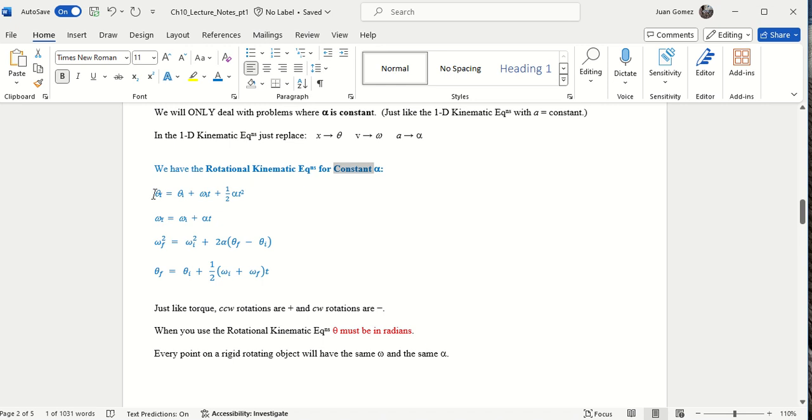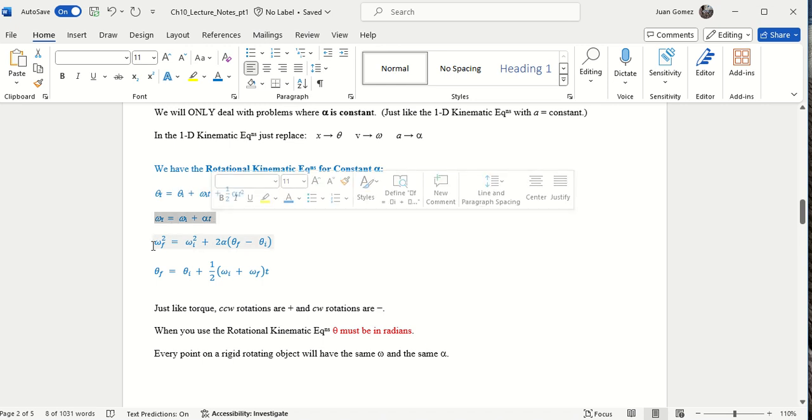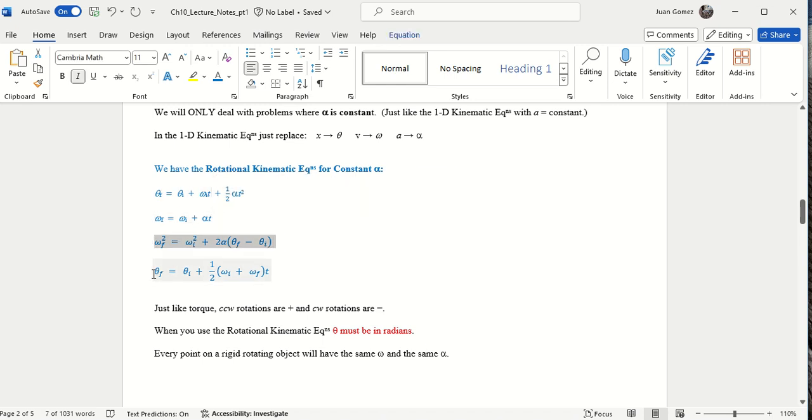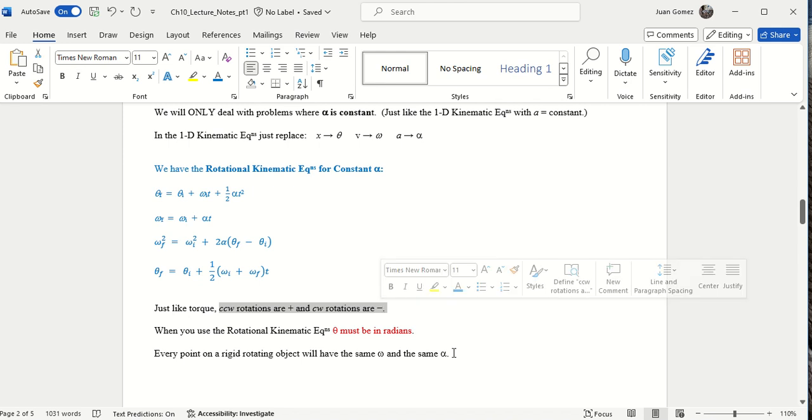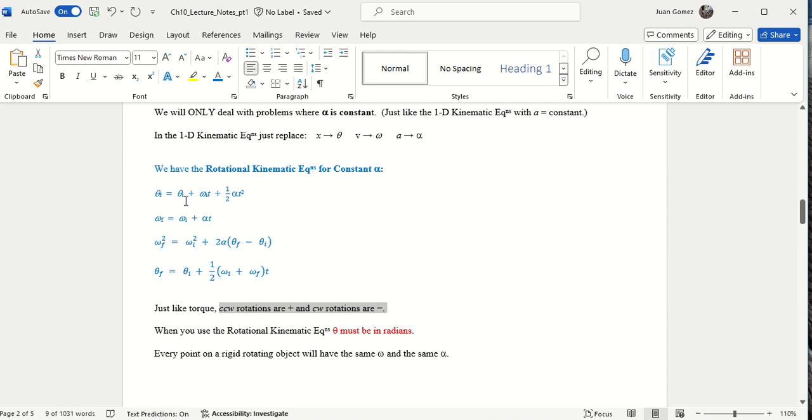Again, it's understood from top to bottom: this is equation 1, 2, 3, and 4. And similar to torque, we define a counterclockwise rotation as positive, clockwise rotations as negative. And so again, we have theta f equals theta I plus omega I t plus 1/2 alpha t squared.